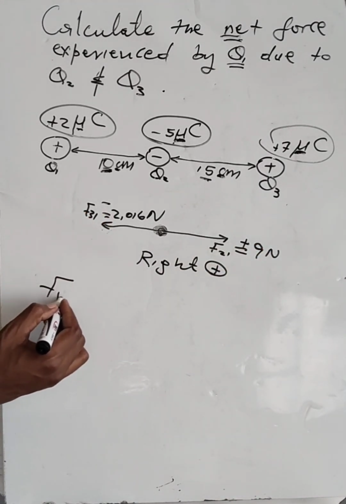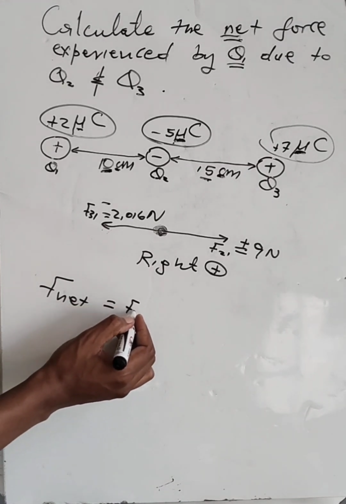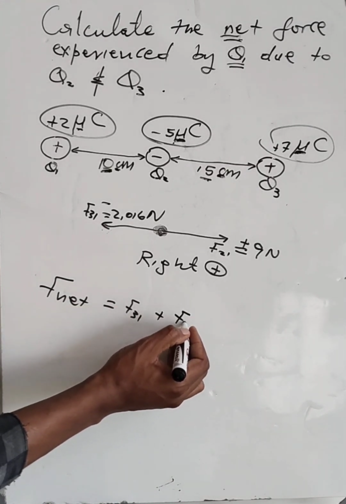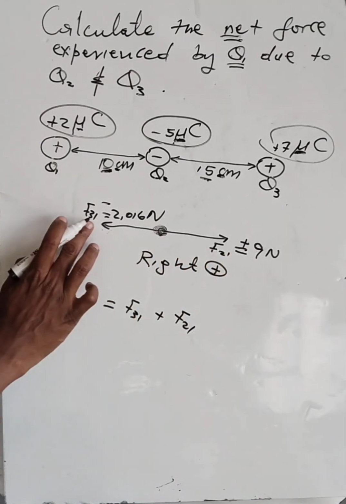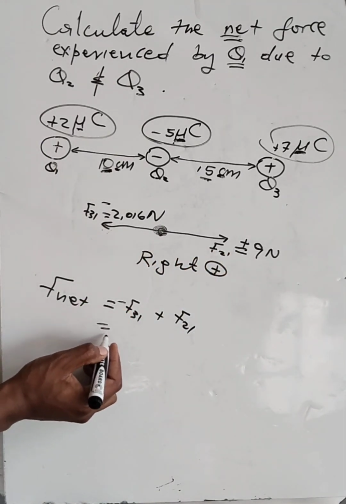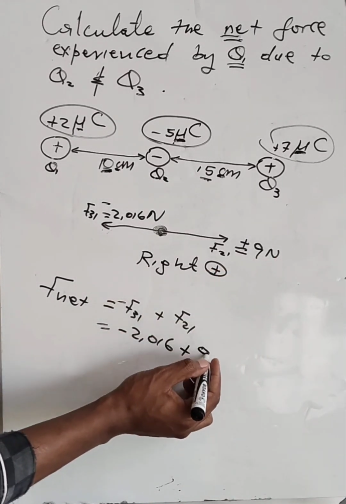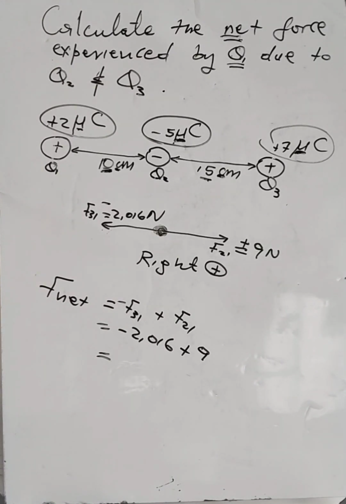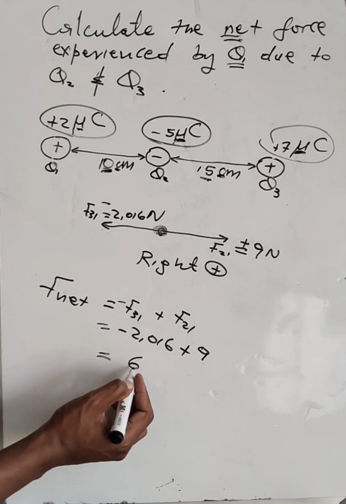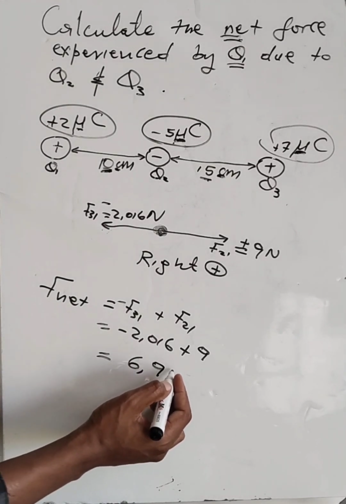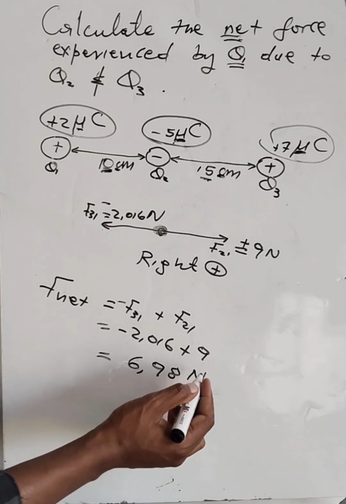So F net is equal to F31 plus F21, but this one is positive and this one is negative. I'll put negative there. So I have negative 2,016 plus 9. The answer that I have is 6,98 newtons.